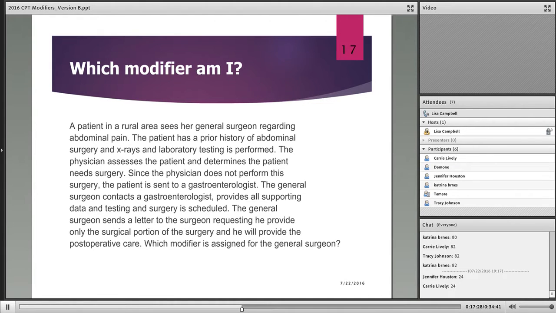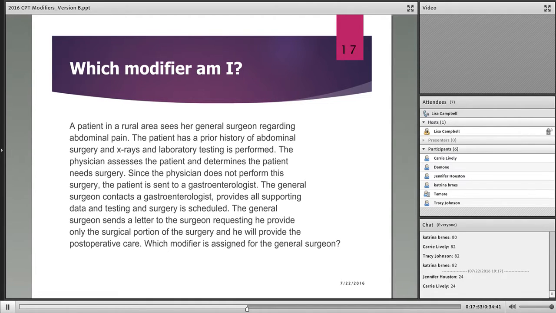A patient in a rural area sees her general surgeon regarding abdominal pain. The patient has a prior history of abdominal surgery and x-rays and laboratory testing is performed. The physician assesses the patient and determines that the patient needs surgery. Since the physician does not perform this surgery, the patient is sent to the gastroenterologist.